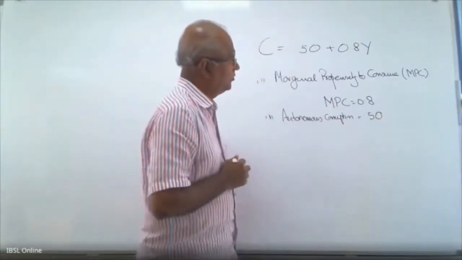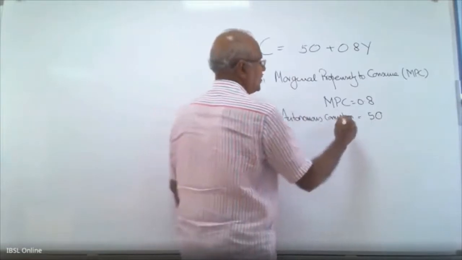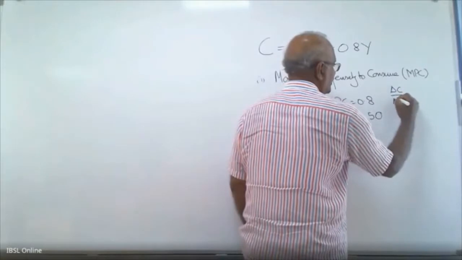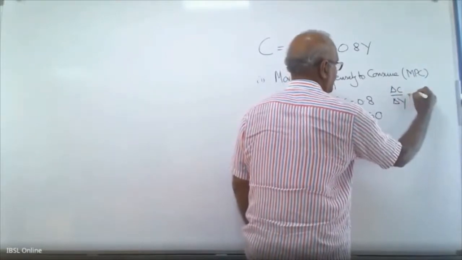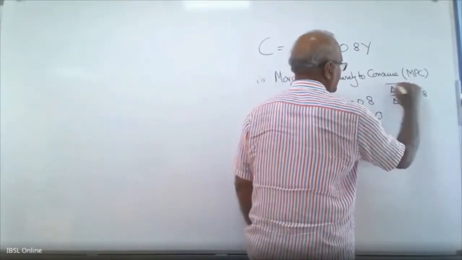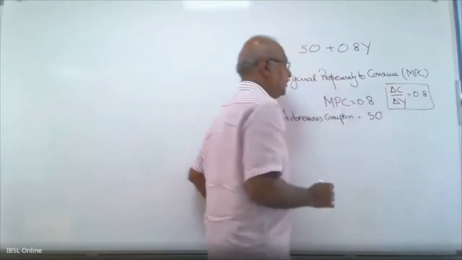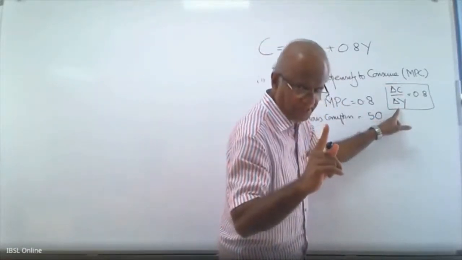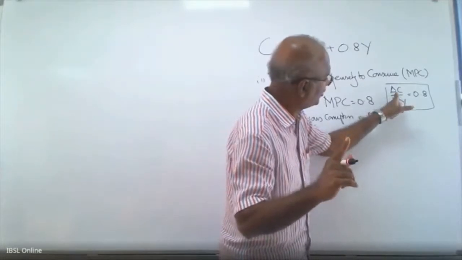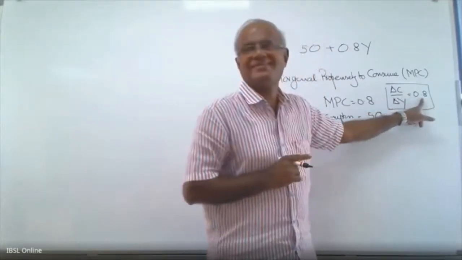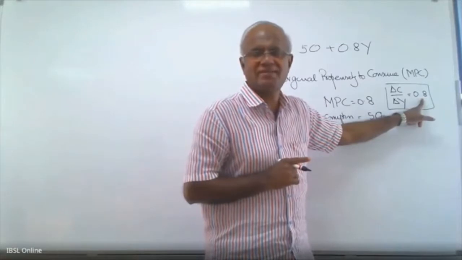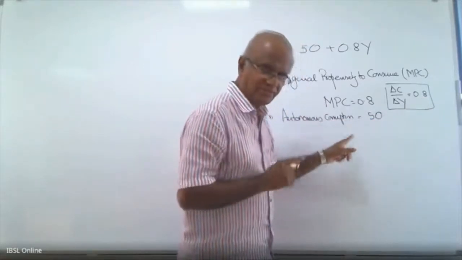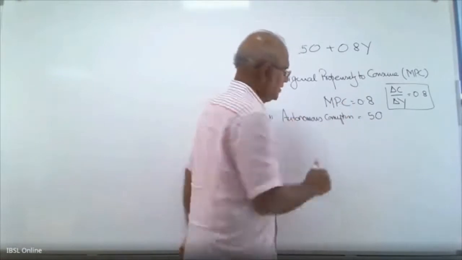What is MPC? MPC is defined as change in consumption divided by change in income, equals 0.8. What does that mean? If your income changes by 1 rupee, consumption will change by 80 cents. Autonomous consumption is the consumption when income is 0.